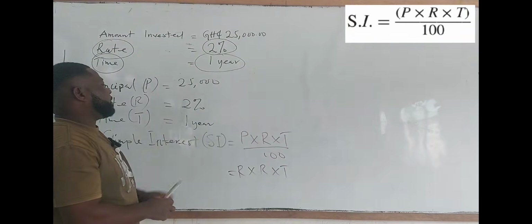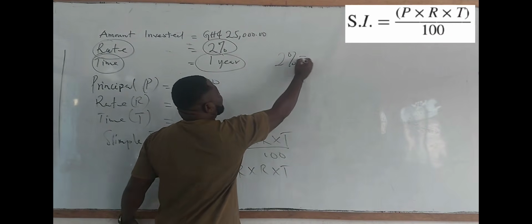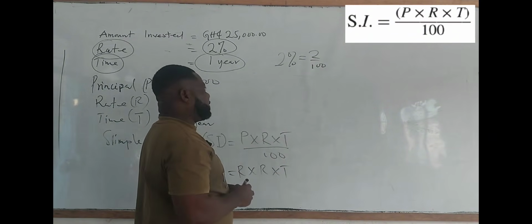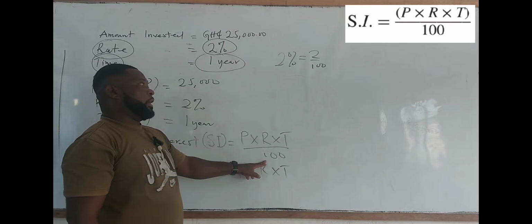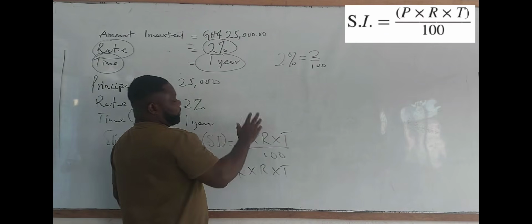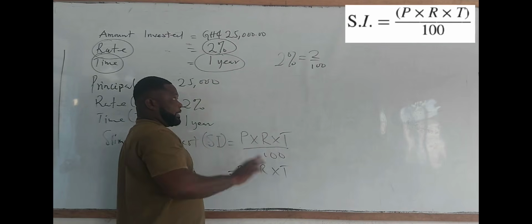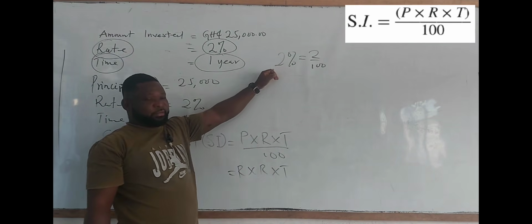For instance, 2% is the same as 2 over 100, right? So that is how come we are getting that over 100. Sometimes from books we write it in this way, sometimes in that way. It's the same thing. You must know that that 100 is coming from the percentage, right?